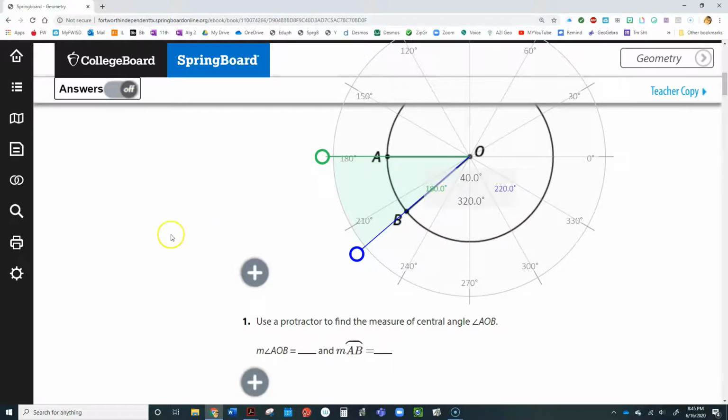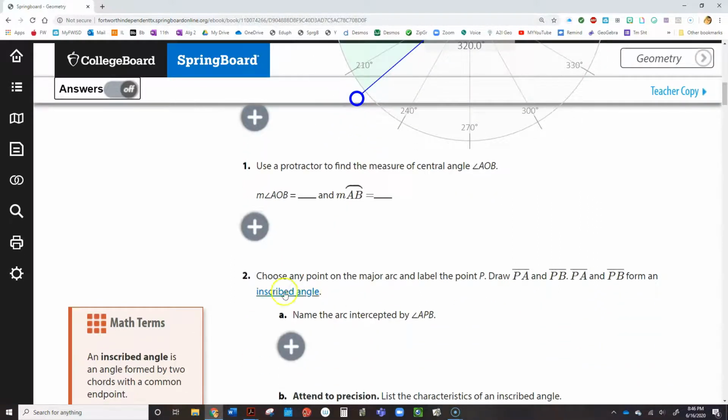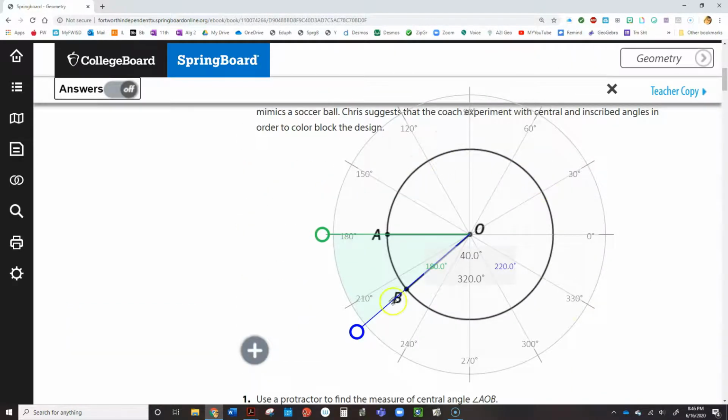Okay, now I'm going to attempt to turn my drawing tool on because it says choose any point on the major arc and label it P. So I'm going to come over here to the circle, not the green shaded part, but over here on the major arc, and put a point P, and then connect A to P and B to P. Okay, so that's what it asked me to do.